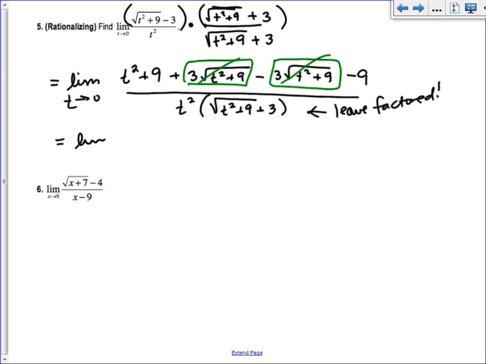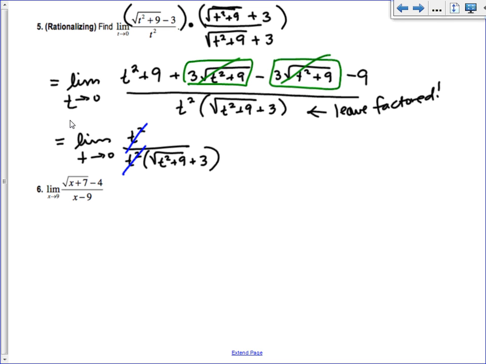So I'm going to have the limit as t goes to 0 of t squared plus 9 minus 9, which is just t squared, all over t squared times the square root of t squared plus 9 plus 3. You see I told you to leave it factored? This is eliminating the 0 over 0 thing because now those t squareds are gone.